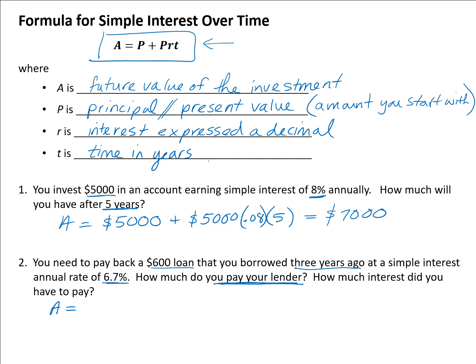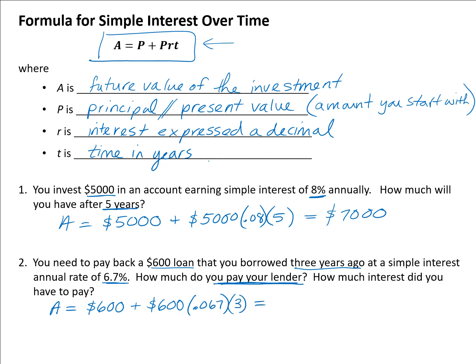So A equals, you started with a $600 loan. So 600 is the starting amount or the principal, plus 600 again, times the interest rate of 0.067. Remember, converting a percent to a decimal, move the decimal point 2 places. And then the time is 3 years.